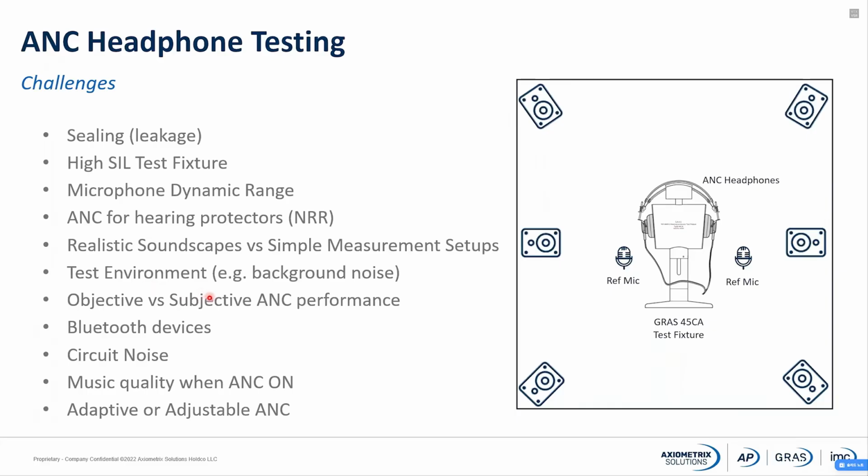And then we have objective versus subjective ANC performance. With this, I mean that usually we just perform frequency response measurements for the ANC performance test. But it's more and more common to start using some sound quality parameters to perform ANC tests.